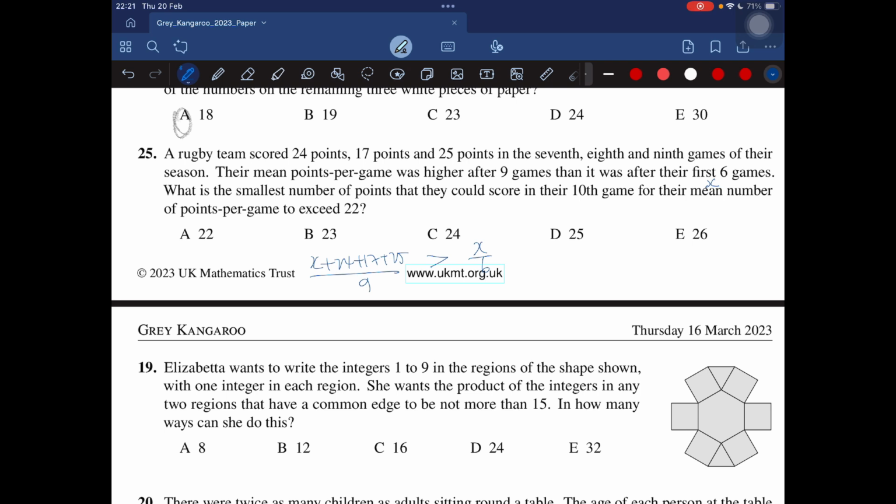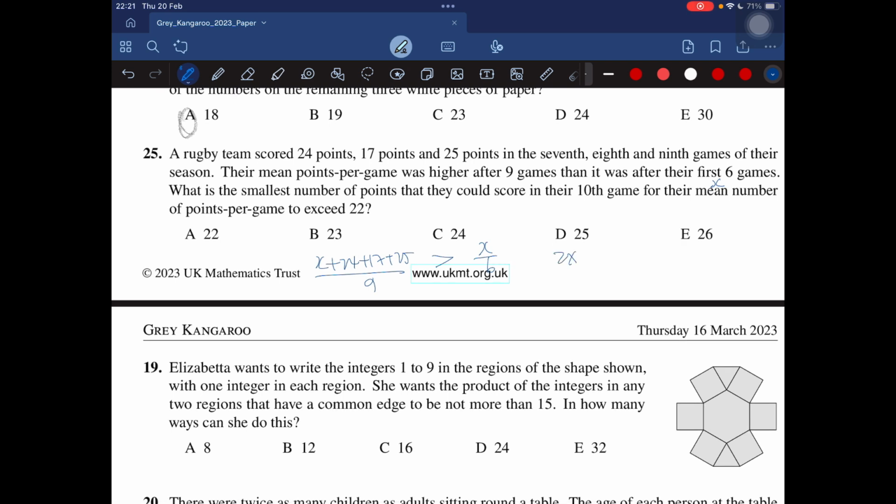So let's see, 18. So 2x plus 66, 132, 3x. So x is smaller than 132. So plus 66 again, plus, we don't know what is the score at tenth game, call it t, over 10.